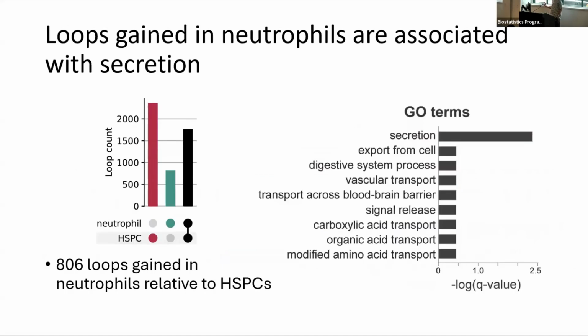And then finally, you can do things like gene ontology analysis to say, okay, it looks like all these loops that are gained in neutrophils are actually associated with secretion, which makes sense in the context of this analysis. They're doing lots of other low-input Hi-C experiments, so they continue to use this tool in their lab for helping to analyze Hi-C data at all of these different levels jointly.